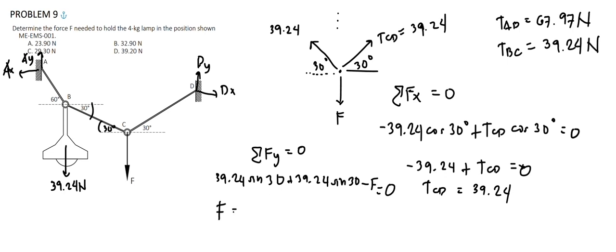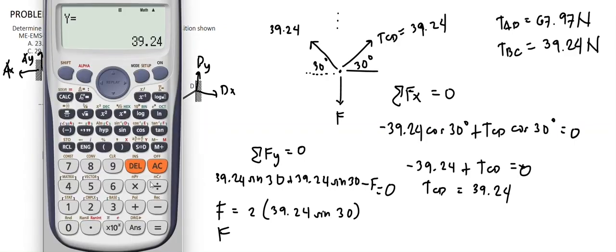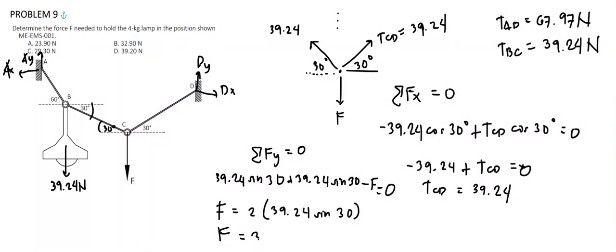So F is equal to twice 39.24 sine 30 degrees. We get 39.24 newtons, and that is our final answer.